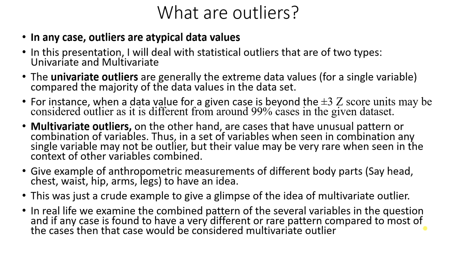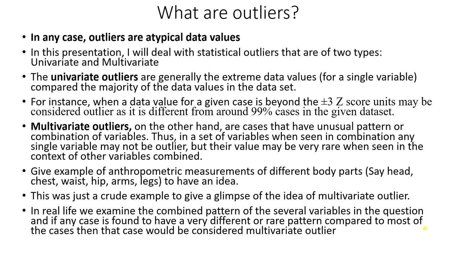Rather, we consider all the variables together in combination, and in that combined set, if any single value is not fitting the pattern, then the case with that unusual pattern or combination of variable values will be considered a multivariate outlier.